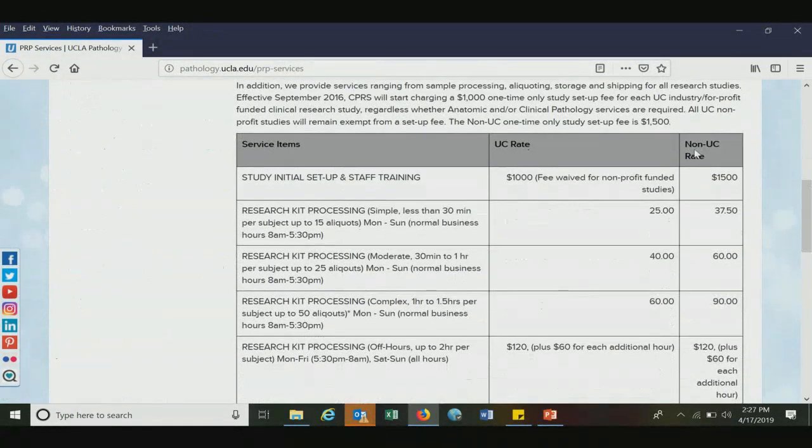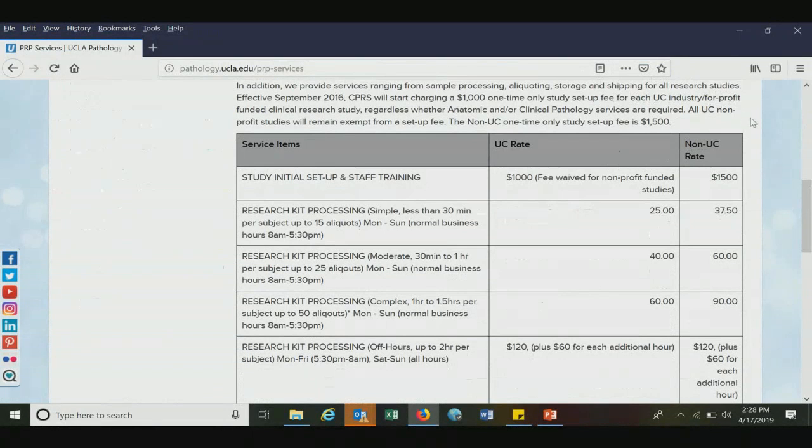So the non-UC rate is for looking at some commercial clinical trials. That's commercially funded clinical trials, even if they're run by UC faculty. I think, no, wait, let me see. It says UC industry, I'm sorry, it says UC industry for profit.